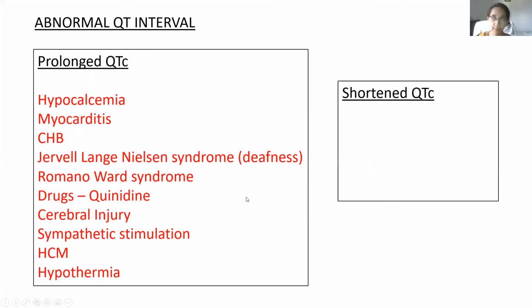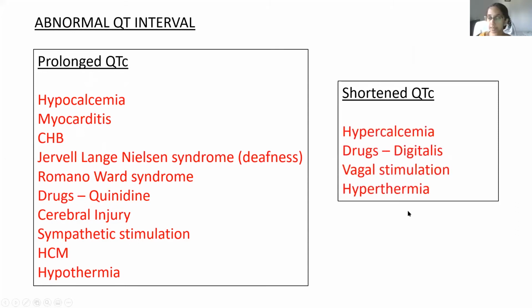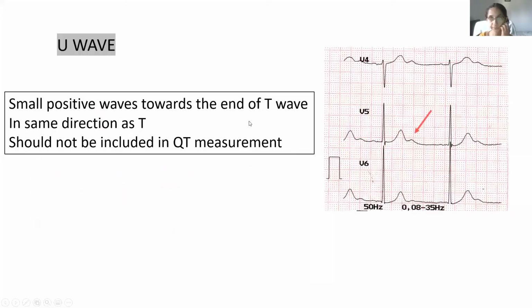It can also happen with cardiomyopathies and myocarditis. On the other side, you can have short QTc, very commonly with certain drugs like digitalis or hypercalcemia. So I think these are the main causes where QTc changes. Wherever the ventricular depolarization and repolarization is going to make a difference, the QTc changes.